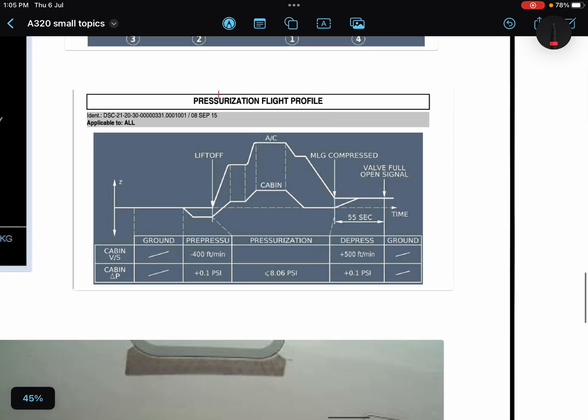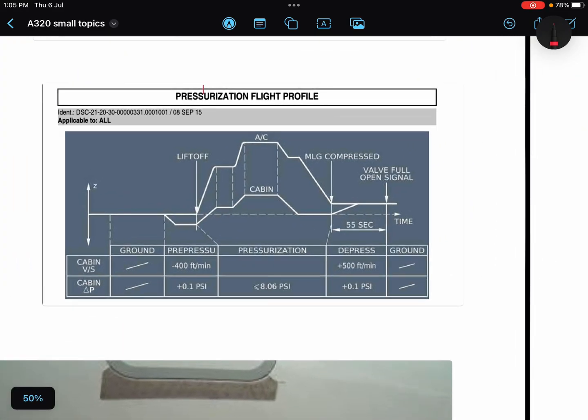So I was telling you about the automatic pressure control sequence on ground before takeoff and 55 seconds after landing. This is where the aircraft lands, and 55 seconds after landing, the outflow valve fully opens to ensure that there is no residual cabin pressure. At touchdown, any remaining cabin pressure is released at a cabin vertical speed of 500 feet per minute.